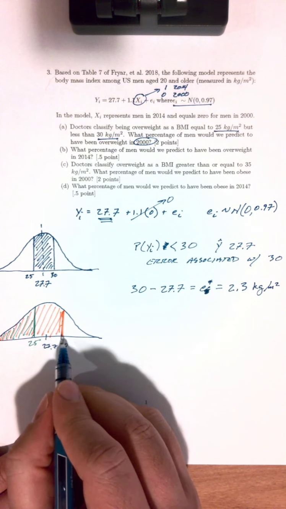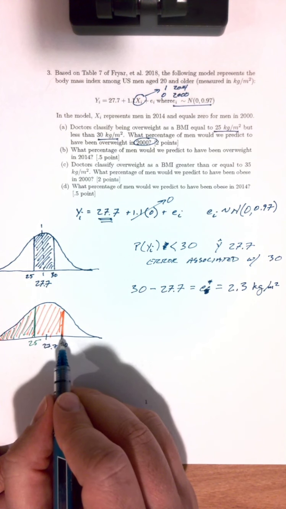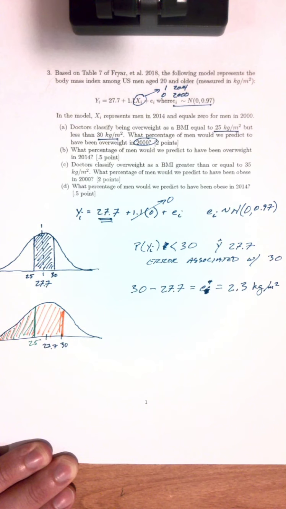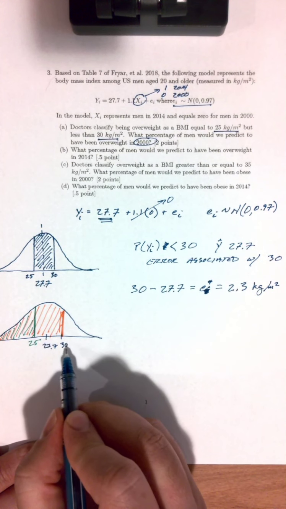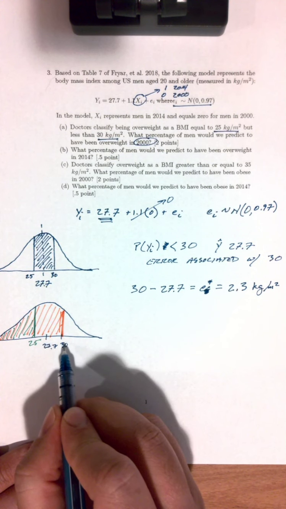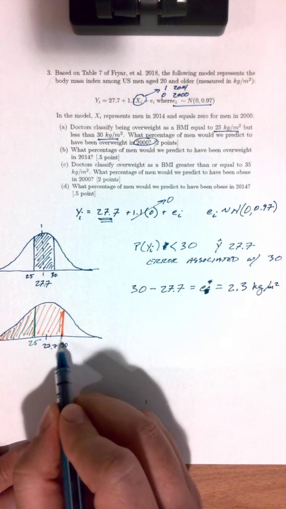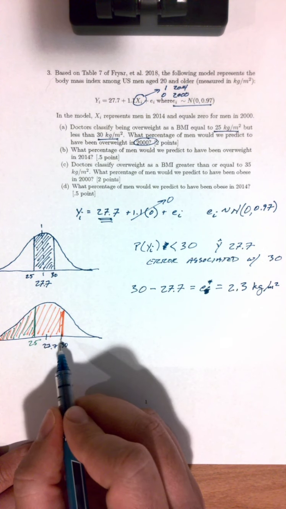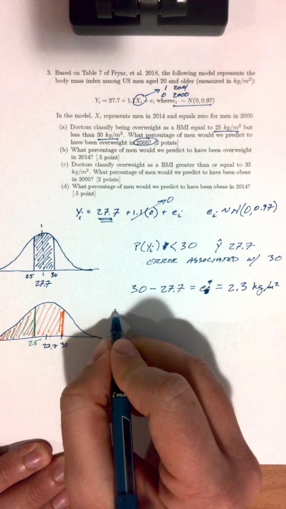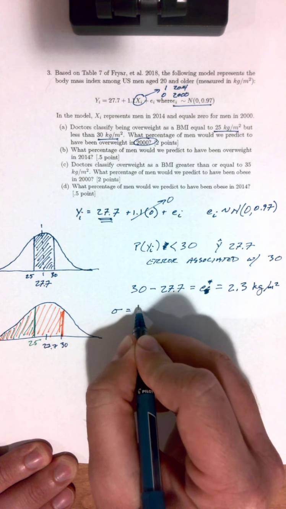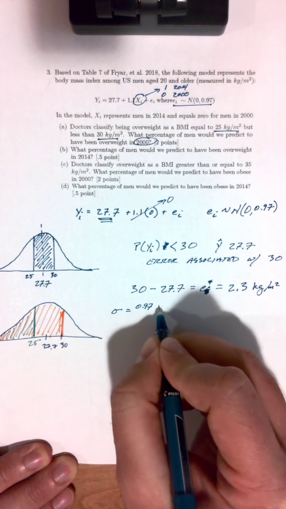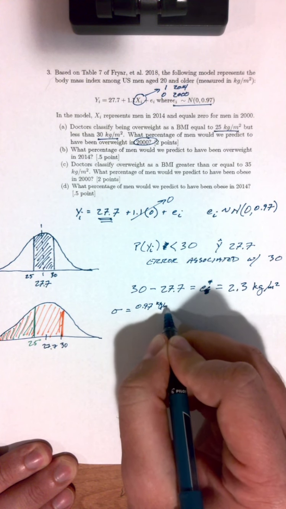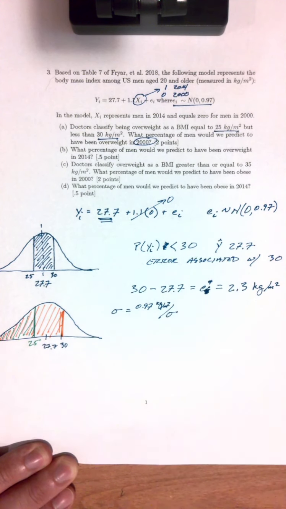But in order to get the probability, we need to get the probability that y equals 30 in standard deviations. And so we know that one standard deviation equals 0.97 kilograms per meter squared per standard deviation. Now that's all very confusing because that's a lot of fractions.